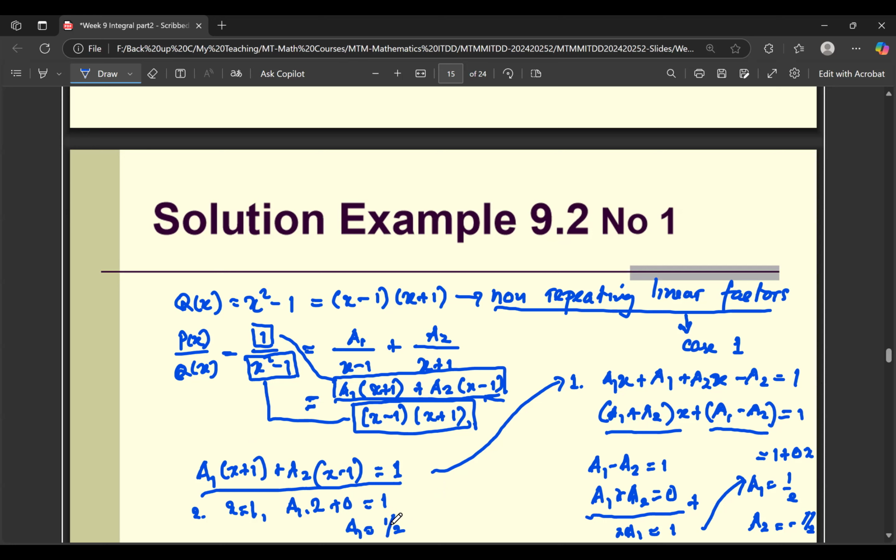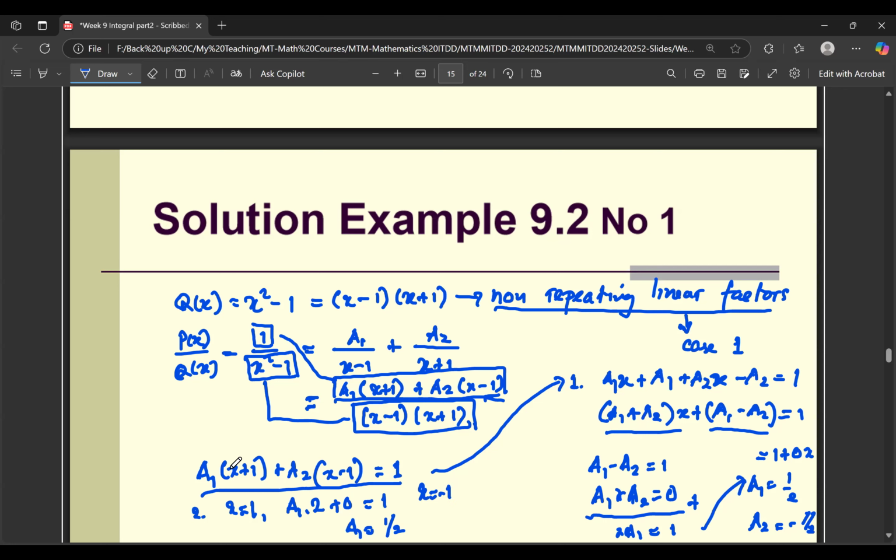We keep A1 as our additional information. So maybe we can choose, for example, in this case, minus 1.